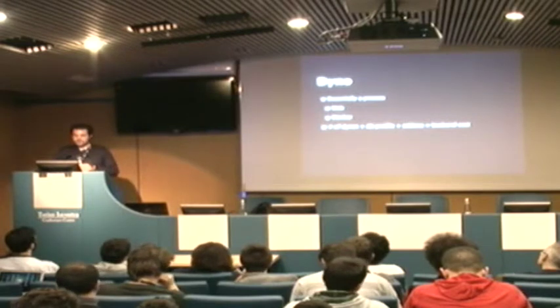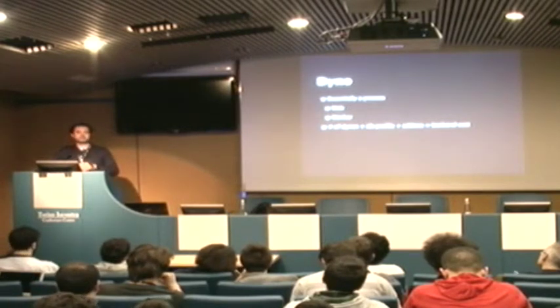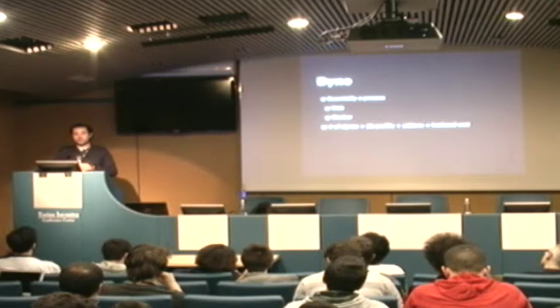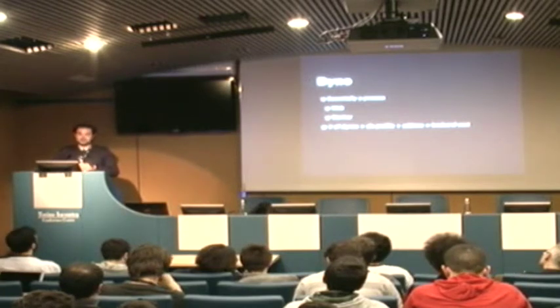The CFO of your company will ask you this: does this technological stack that you're going to choose fit our budget? He will ask you that, and you will not be able to answer precisely.